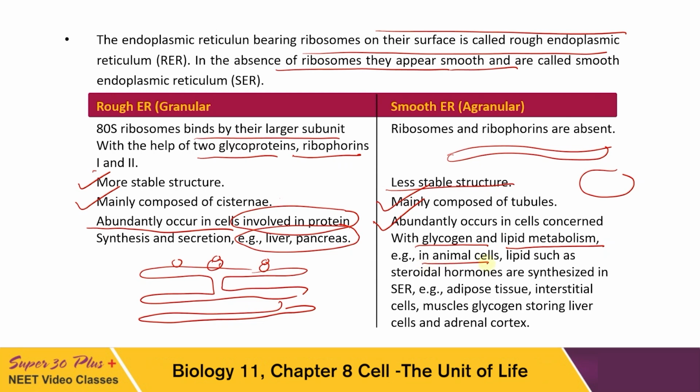In animal cells, lipids such as steroid hormones are synthesized in SER: adipose tissue, interstitial cells, muscles, glycogen-storing liver cells, and adrenal cortex. All these are engaged in steroid synthesis, lipid synthesis, or glycogen storage, so they have smooth endoplasmic reticulum. It is called agranular; the other is called granular.